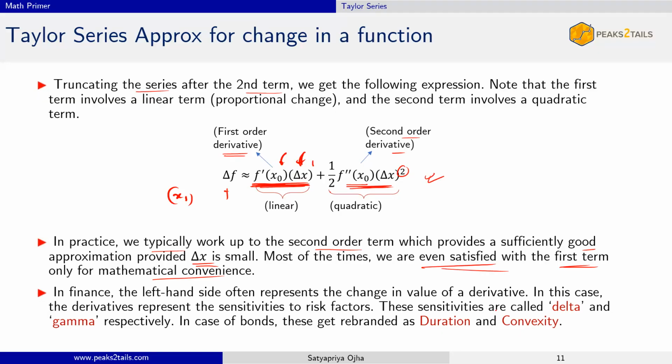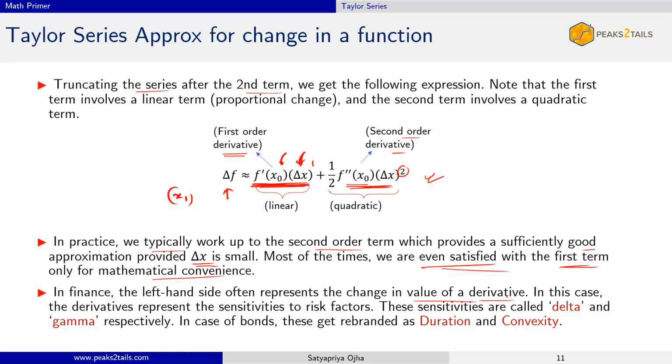In quant finance, when we work with derivatives, typically the left-hand side would be the change in value of a derivative, because valuation is also a function. It's a function of different input variables. We call those input variables risk factors, right? Option value is a function of the underlier spot price. There is interest rate, there is time to maturity, there is volatility.